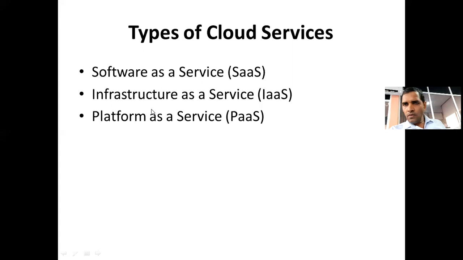The second one is called infrastructure as a service, also one of the services provided by cloud computers. Another one is called platform as a service, PaaS. So we can receive these 3 services from cloud computing, all in different forms.